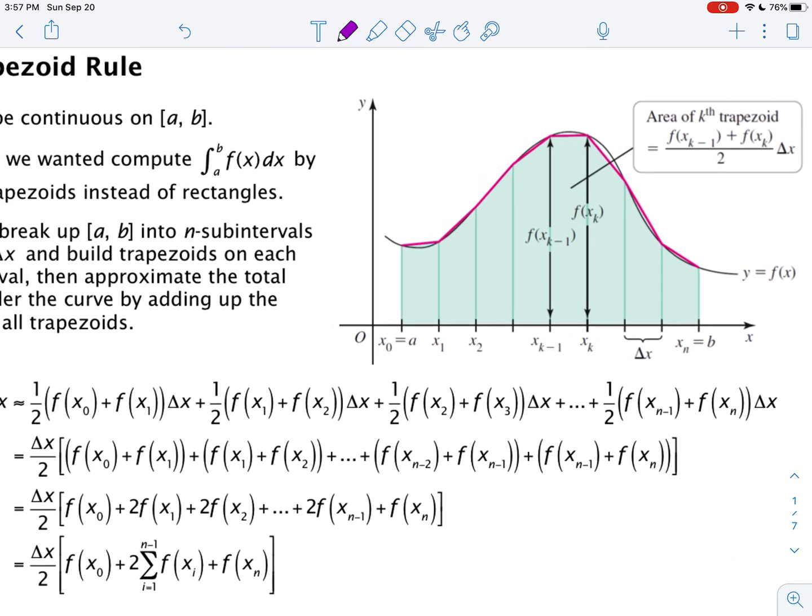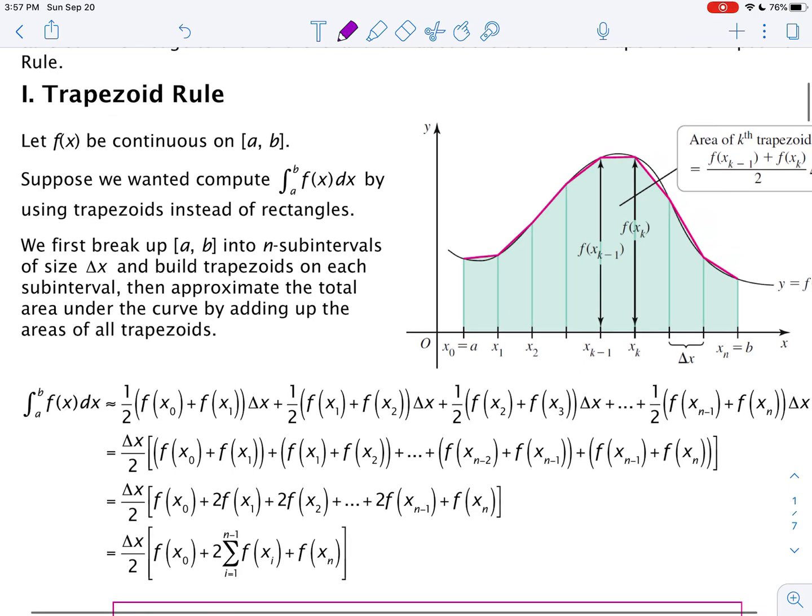So instead of using your standard rectangle, we're going to use a trapezoid. If you look at this graph here of a regular function, we can use trapezoids to approximate our curve.